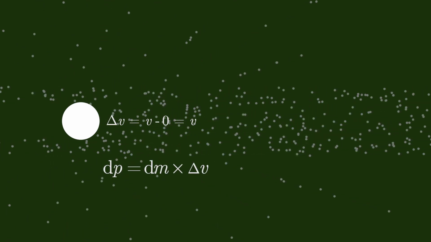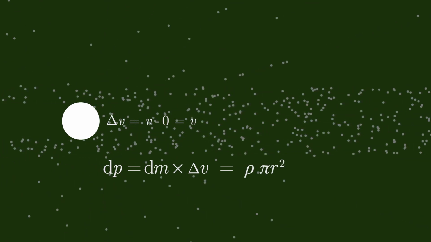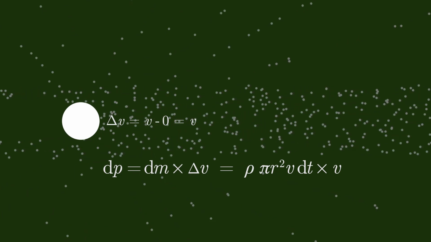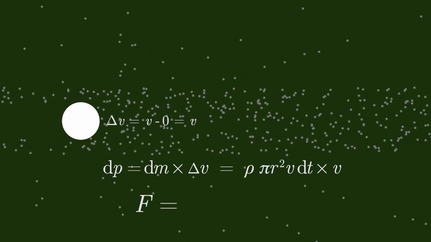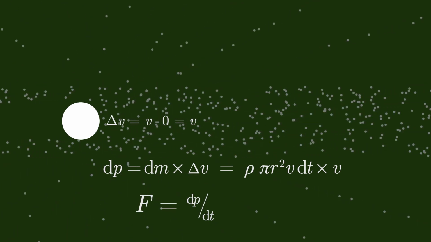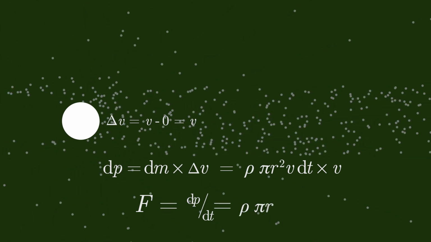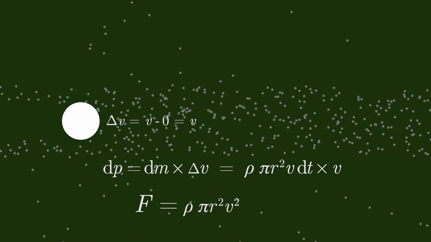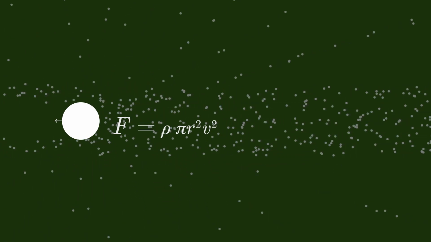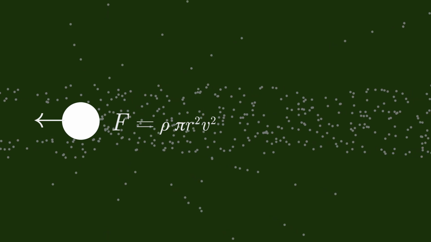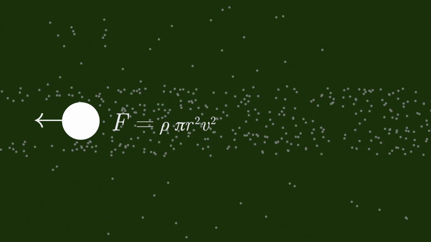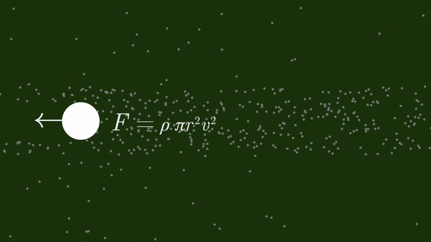Then the change in momentum is just the mass of these particles that come at a time times the change in velocity, which we already calculated earlier, as rho pi r squared times v dt. Then the force, which is the rate of change of momentum with respect to time, is just rho pi r squared times v squared. By Newton's third law, the force on the particles is equal and opposite to the force on the sphere, which means the drag force on the sphere is just rho pi r squared times v squared in the opposite direction, pointing against its motion.